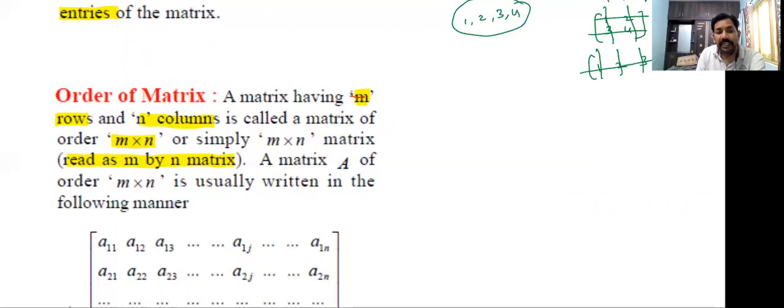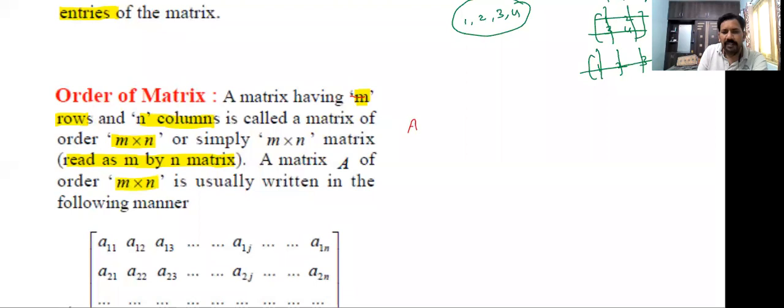Don't read m into n. It can be read as m by n. A matrix A of order m by n is usually written in the following manner. Or otherwise, I will give one example.